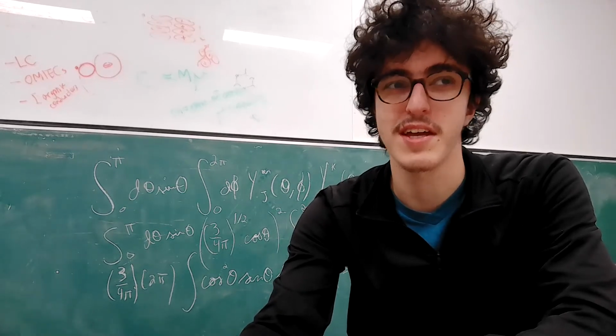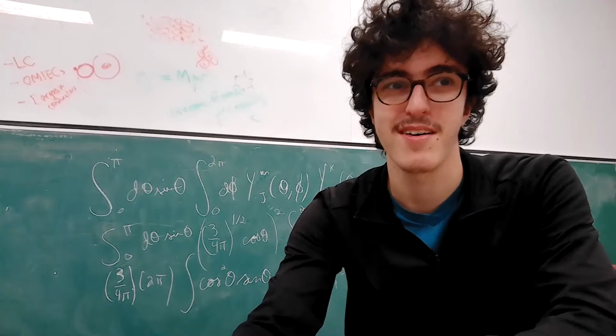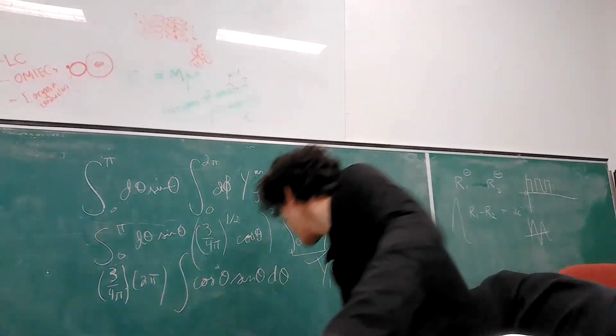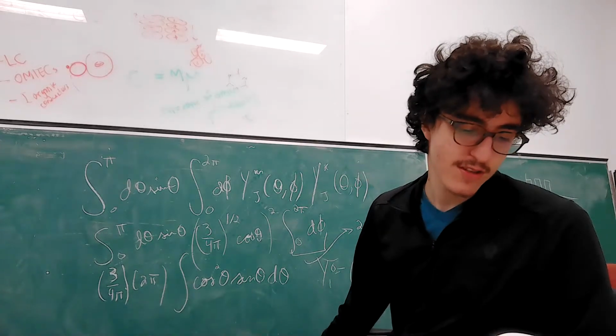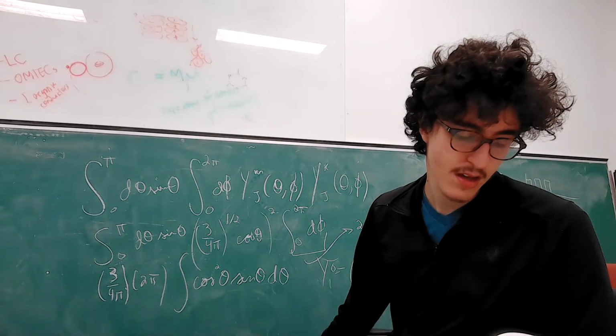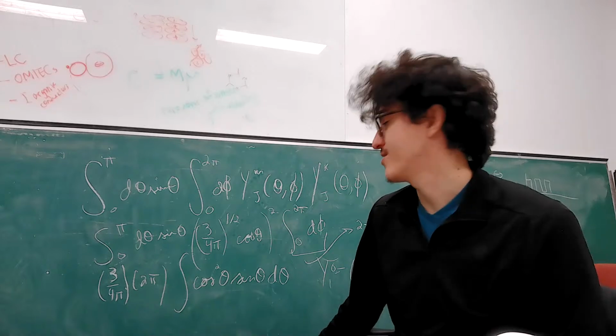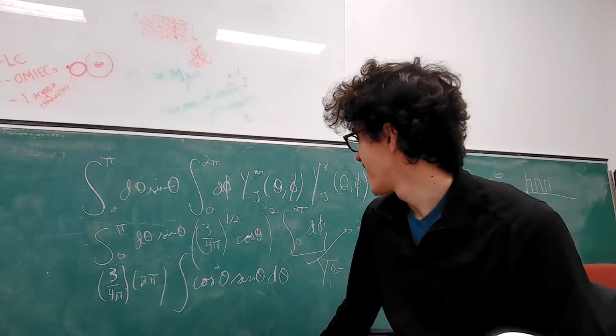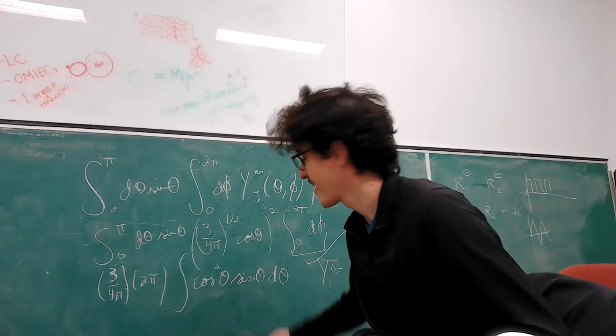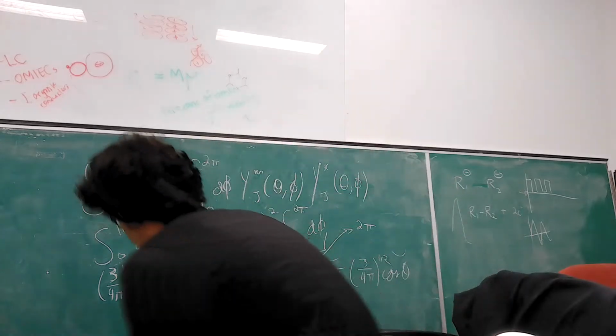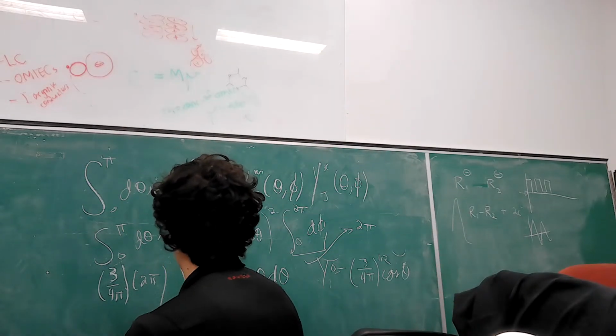Are you taking Cal 3 right now? No, okay, come on, how do you guys remember this? I forget how to do these things, man. Say u equals cosine of theta. That's the only thing I knew how to do.